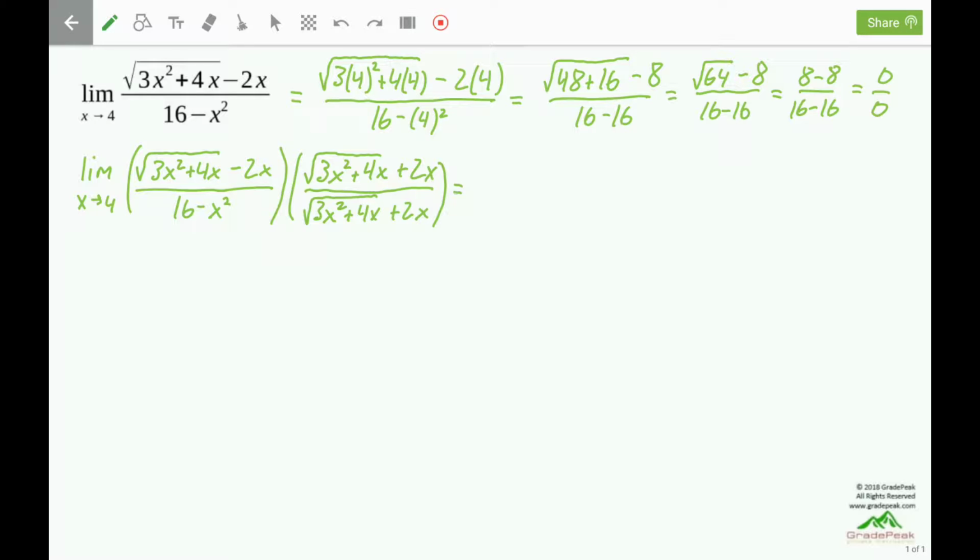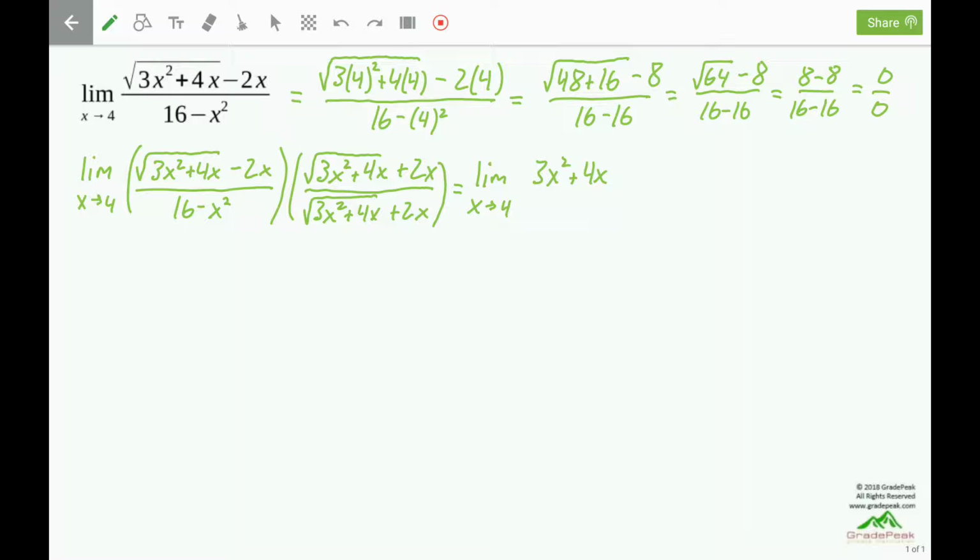And we will now multiply these, so we will have limit as x goes to 4. In the numerator, we have the root conjugate pair, so we will FOIL that out first. The root of 3x squared plus 4x times the root of 3x squared plus 4x will give us a 3x squared plus 4x.